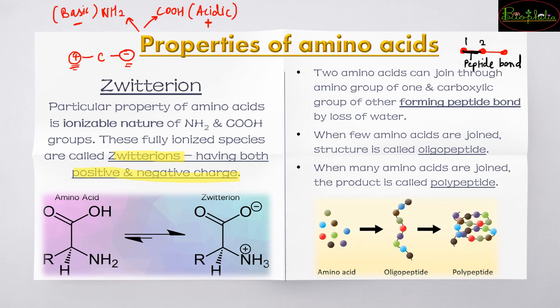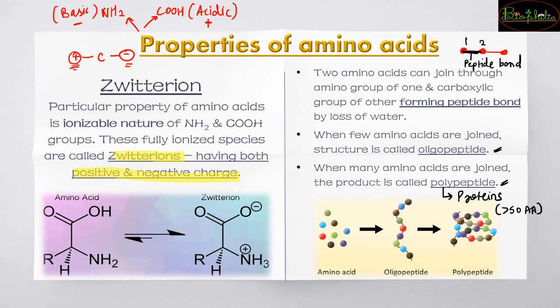So when few amino acids are joined together it forms an oligopeptide, and when many amino acids come together it will form a polypeptide. So ओलिगो कौन सा है, पॉली कौन सा है, पॉलीपेप्टाइड को ही हम बोलते हैं proteins. That is our next topic. So when amino acids are combining more than 50 in number, then it comes into the category of polypeptide.